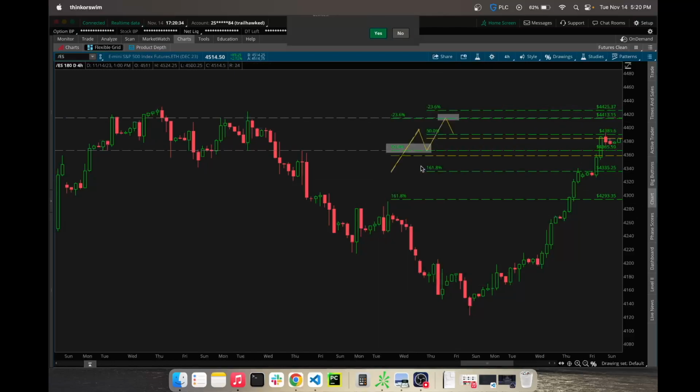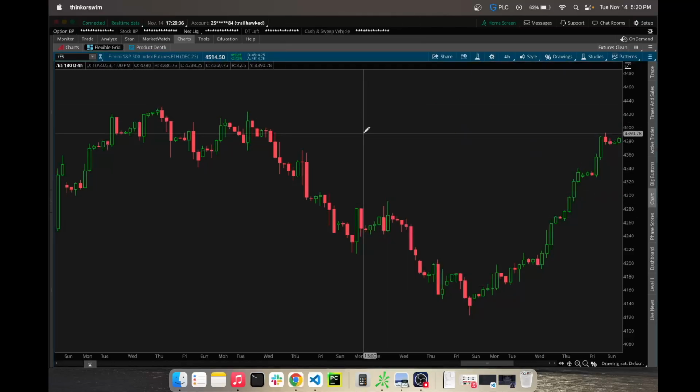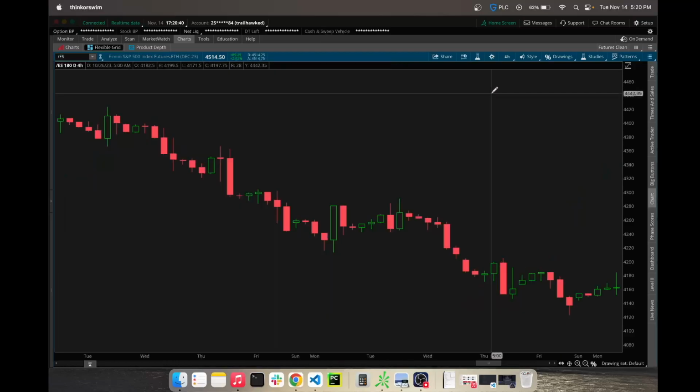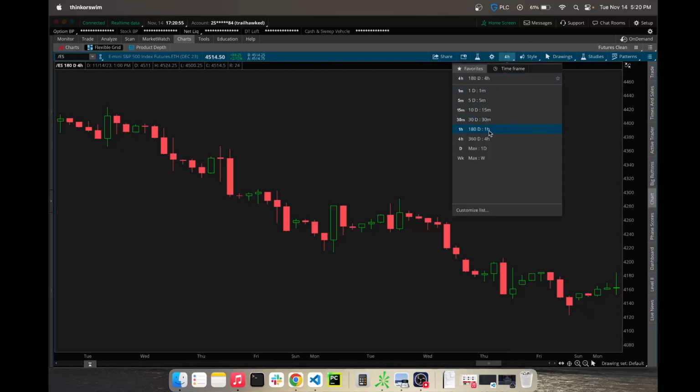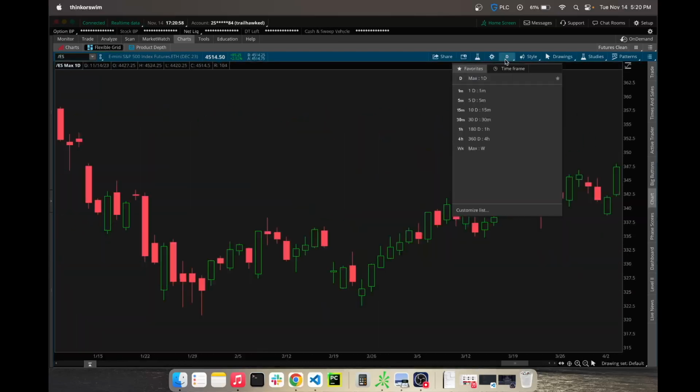Now this is all great to establish on paper, but if we start to look at this in practice, and this move in particular down, again, this can be done on any time frame. So if I look at this from the perspective of, I'm not sure why this isn't expanding for me. I'm going to change time frames really quick and then come back to it.